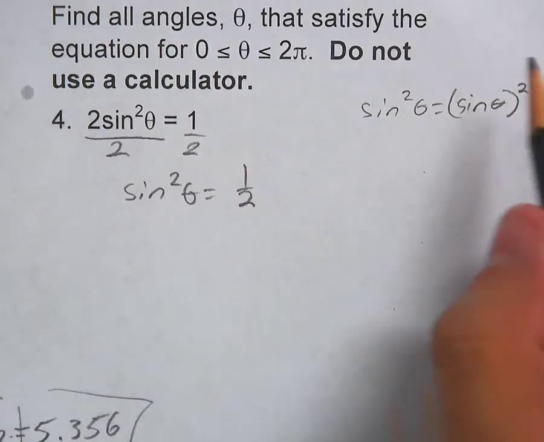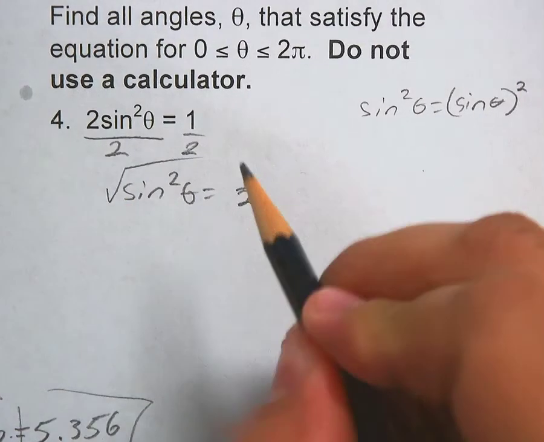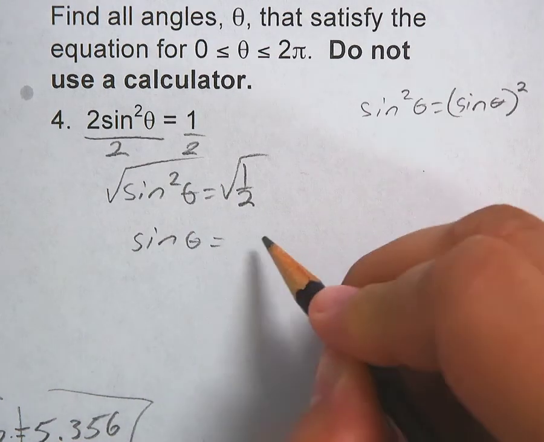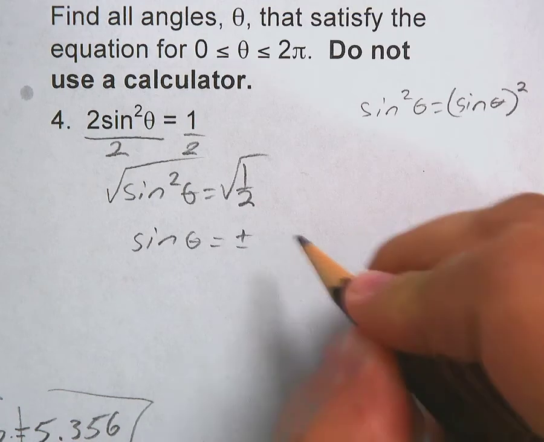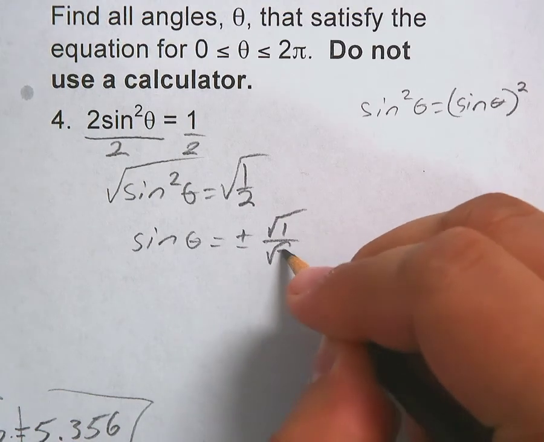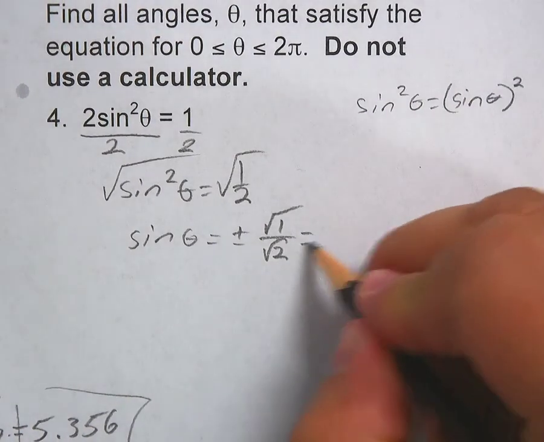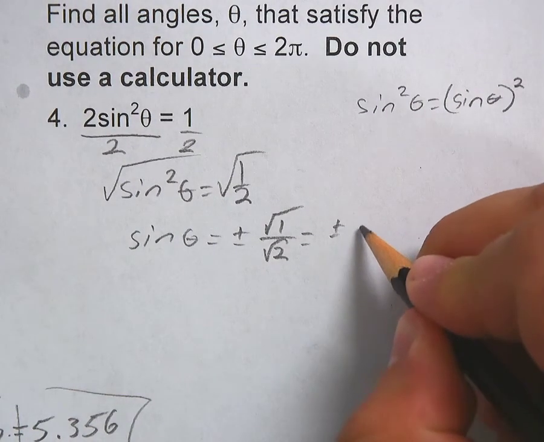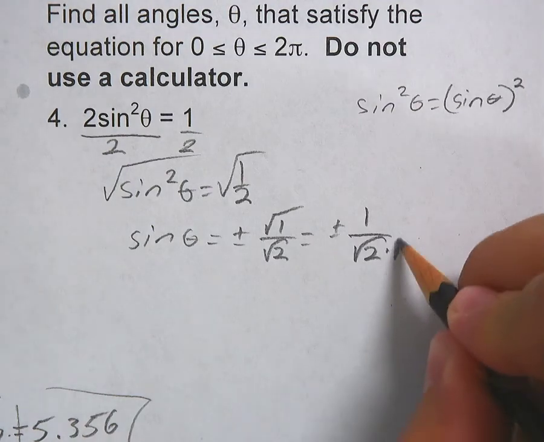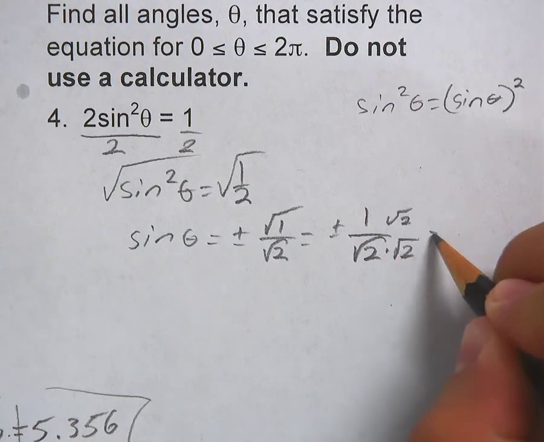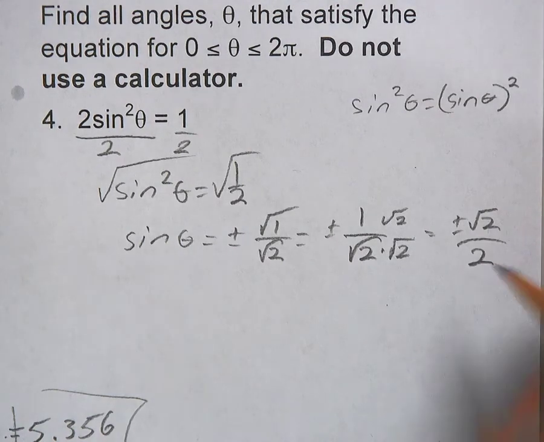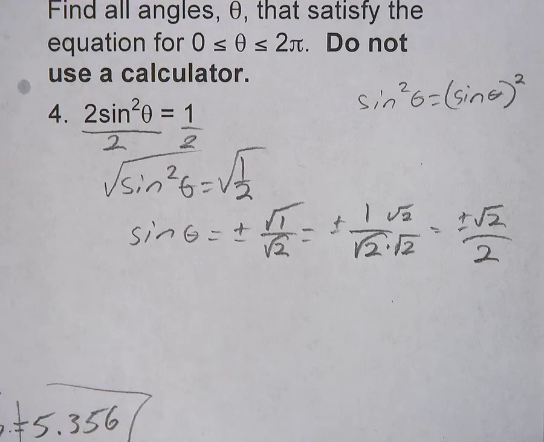Okay, so we square root both sides. And we get sine of theta is positive, negative, square root 1 over square root 2. You know that square root 1 is 1, multiply by square root 2, which is positive, negative, square root 2 over 2. Positive and negative?